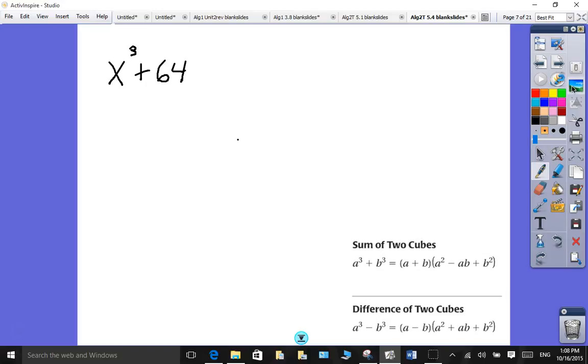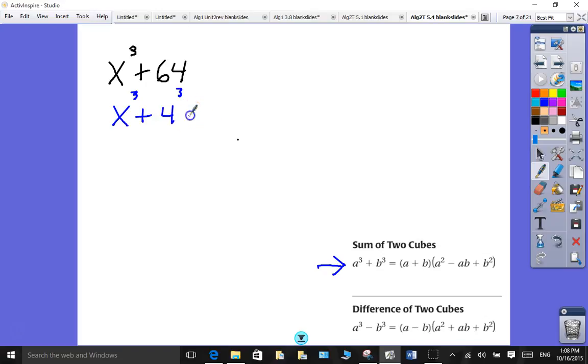Is this one the sum of cubes? Yeah, because 64, we've already said, is 4 to the 3rd. So if I write it as x to the 3rd plus 4 to the 3rd, then I'm using this formula. Everywhere in that formula you see an A, you're going to put an X. Everywhere you see a B, you're going to put a 4.